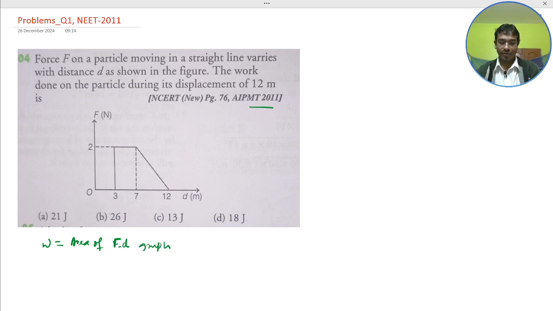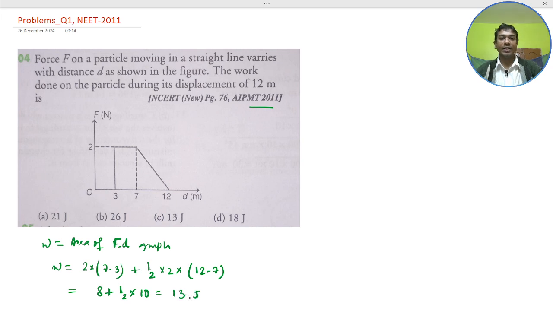So in this type of figure the work done would be, for this case, 2 into 7 minus 3 base into height, plus for this triangle half into base into height. So height would be 12 minus 7. So this is 8 plus half into 10. So 13 joule would be your answer, C.